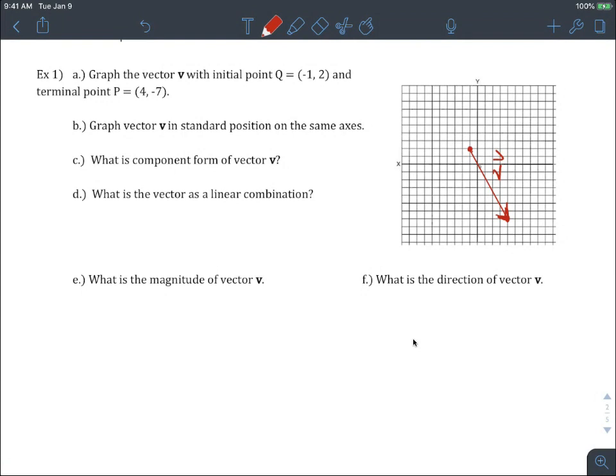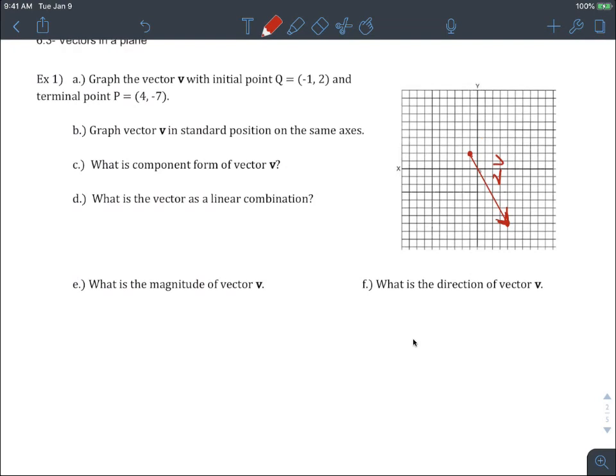So I'm also going to graph this vector in standard position. Let's go ahead and change the color. This is going to overlay on top. So this vector is 1, 2, 3, 4, 5, 6, 7, 8, 9, so this is -9 in the y direction, and 1, 2, 3, 4, 5, so it's positive in the x direction.